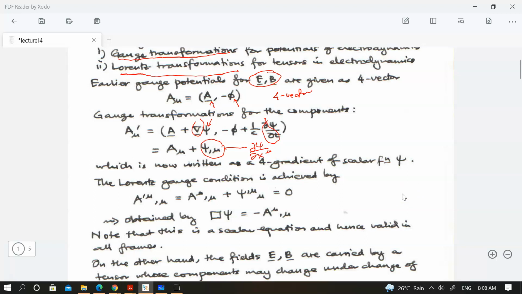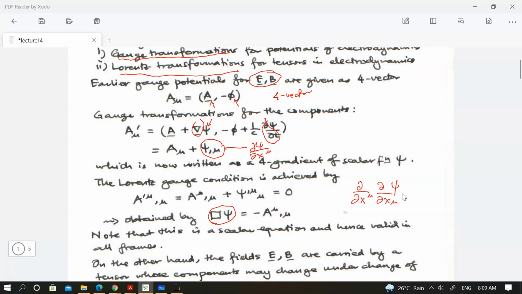Recall the Lorentz gauge condition is given in terms of the introduced scalar function, similar to what we have seen before.